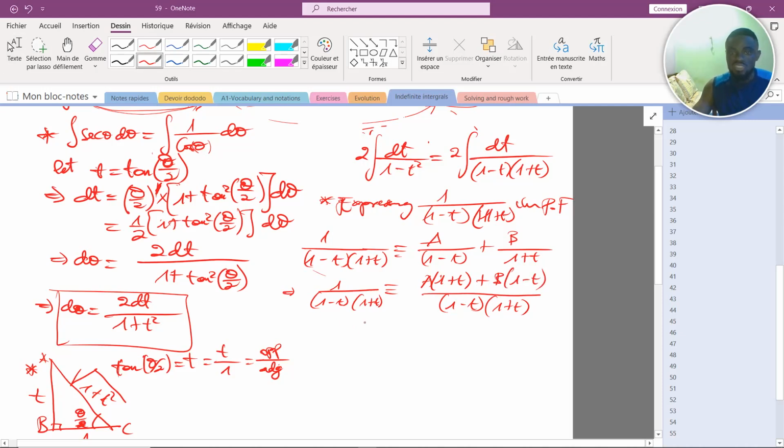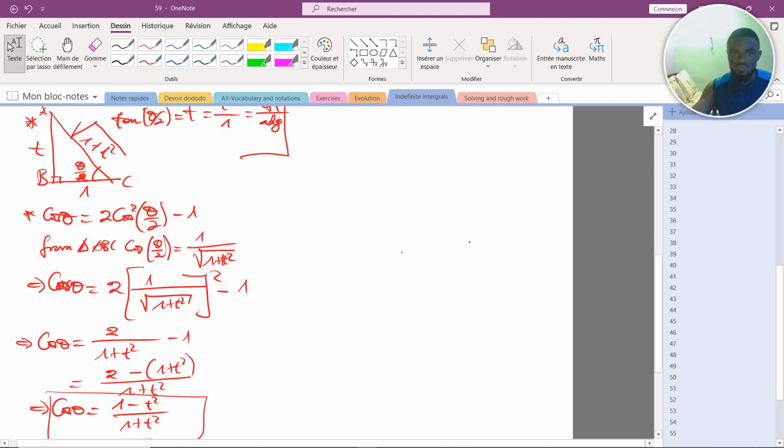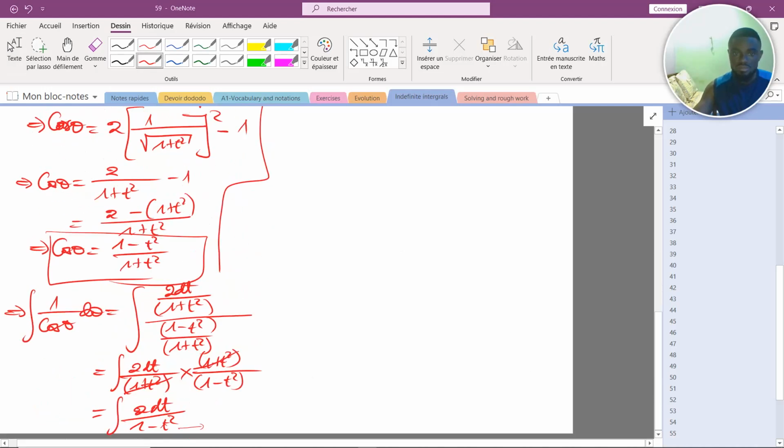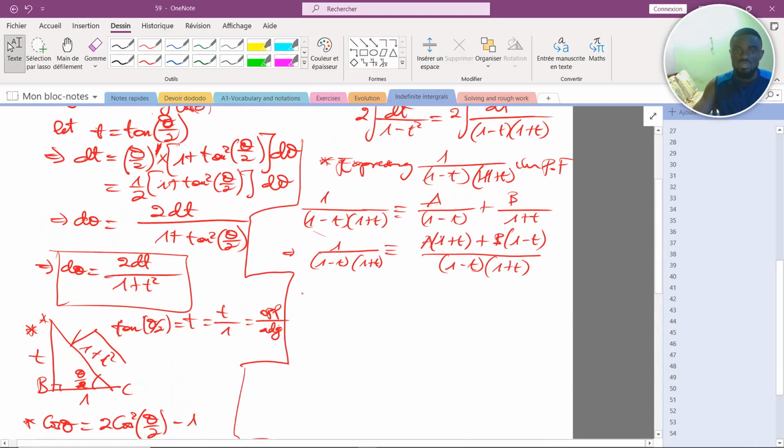Now, for this to be identical to this, since the denominators are already identical, it means the top must be identical to this. So let me first draw a line here for me not to get confused. Okay, so it implies 1 will be identical to a into 1 plus t plus b into 1 minus t.